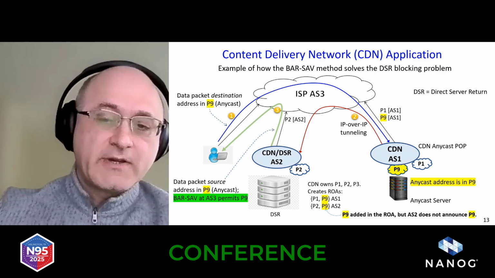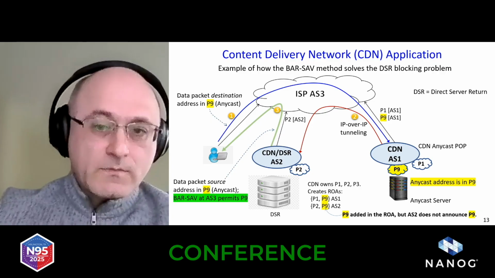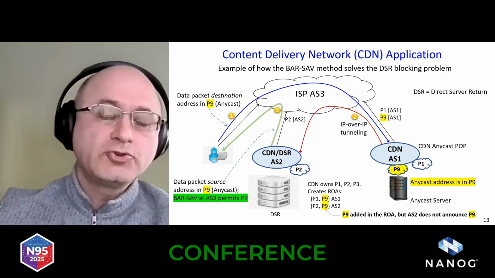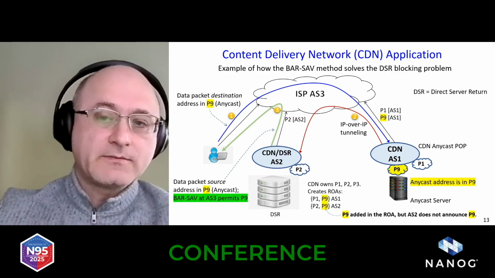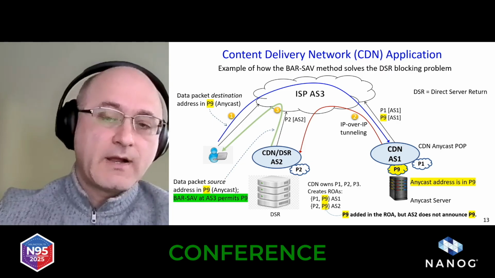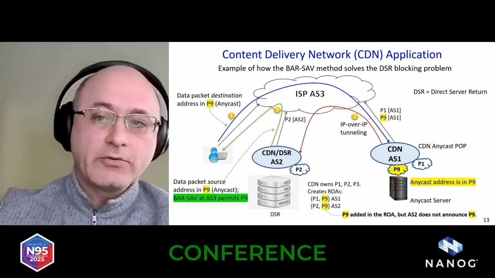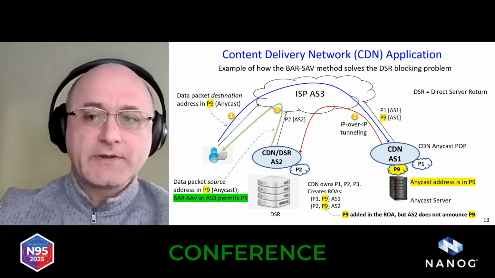The recommendation here is, if they're using BAR-SAV, the CDN should publish a ROA that says that prefix 9 can be advertised from both AS1 and AS2. Now, AS1 will advertise prefix 9.